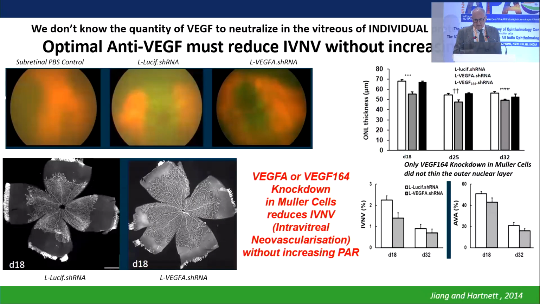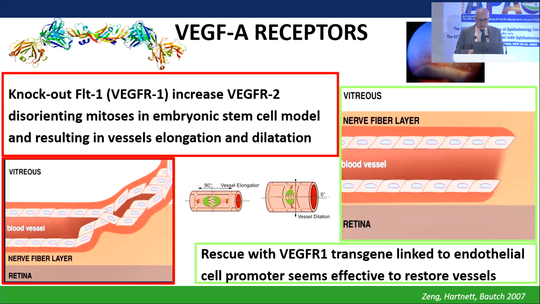And the work on receptors is also very important. Again, we don't know exactly the quantity of VEGF we need to restore regular angiogenesis, and we can act by blocking the VEGF directly, or even by acting on VEGF receptors.